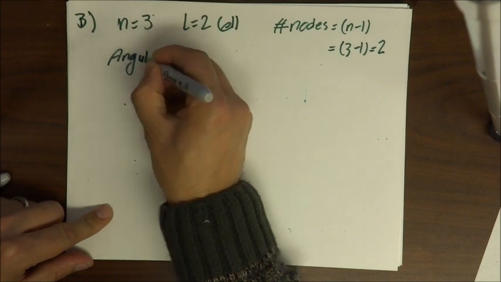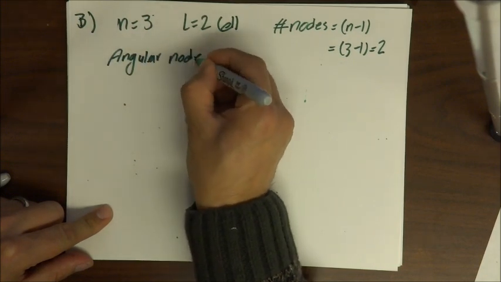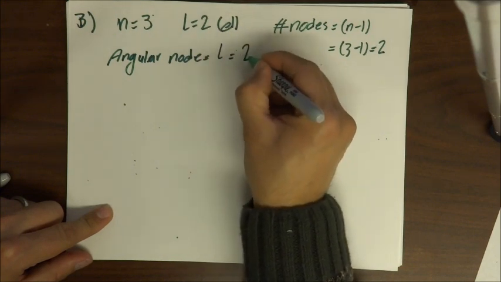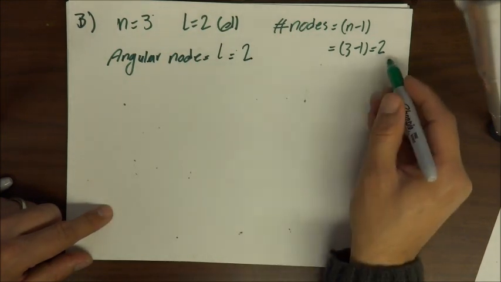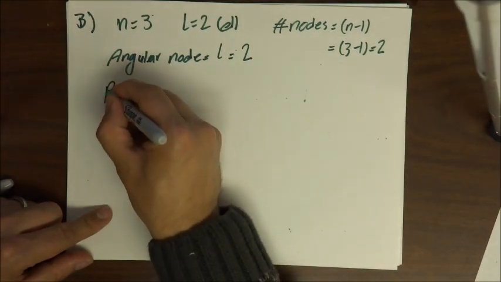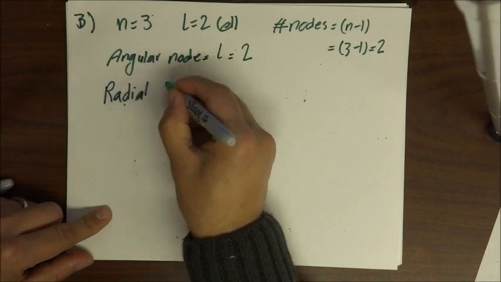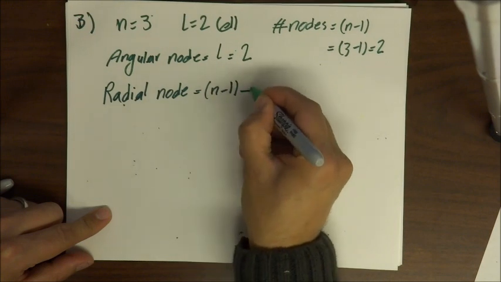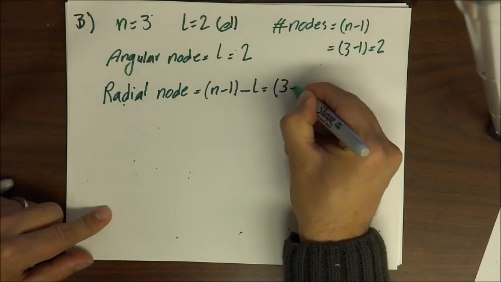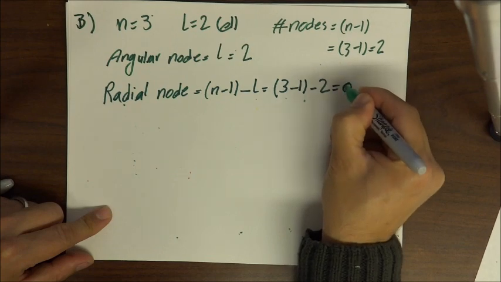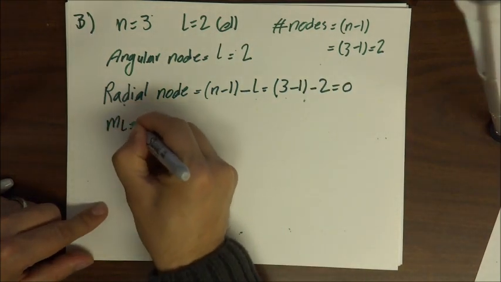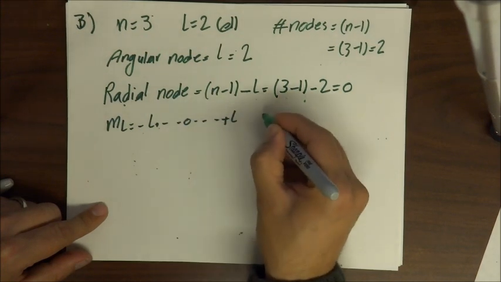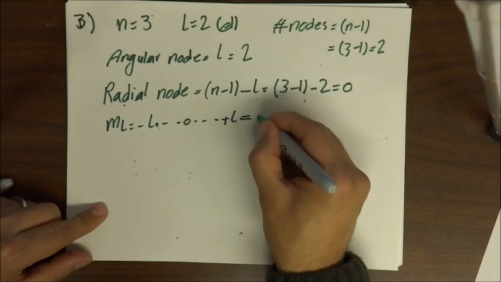Angular node is equal to L. L is equal to 2, so we have 2 angular nodes. Total we have 2 nodes, so we don't have a radial node. ML goes from minus L to 0 to plus L. L is 2.